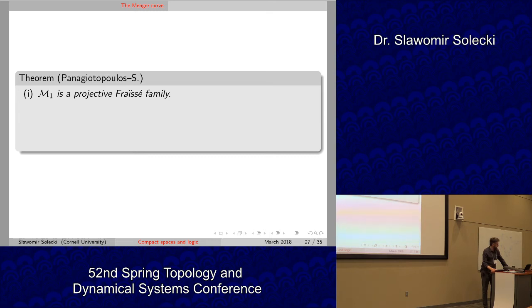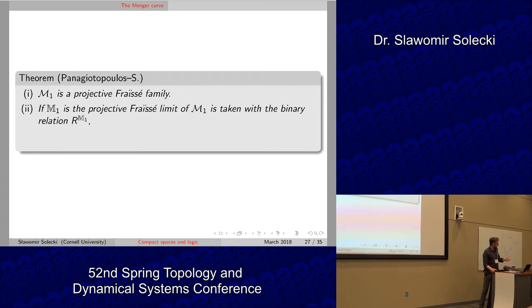So what happens is this one checks. It's all finite, right? So one checks that this is a projective Fraïssé family. The main thing is that the amalgamation property holds, the projective amalgamation. Therefore, I can take a limit of it. So there will be this Cantor set M with a relation R interpreted on it.